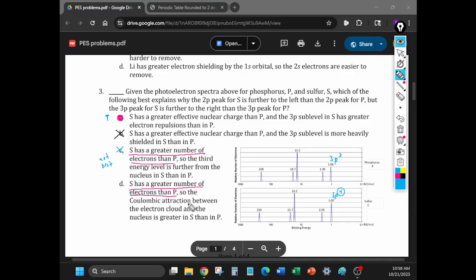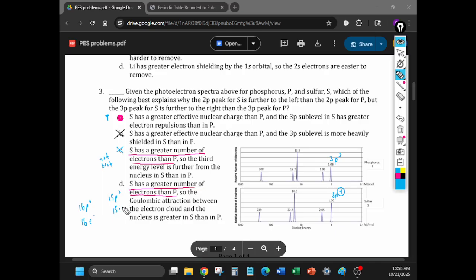All right, and then for D, it starts with the correct statement, and then it says the Coulombic attraction of the electron cloud and the nucleus is greater in S than in P. This is basically talking about the attraction between the nucleus and the electrons. Sulfur has 16 protons and 16 electrons. Phosphorus has 15 and 15.